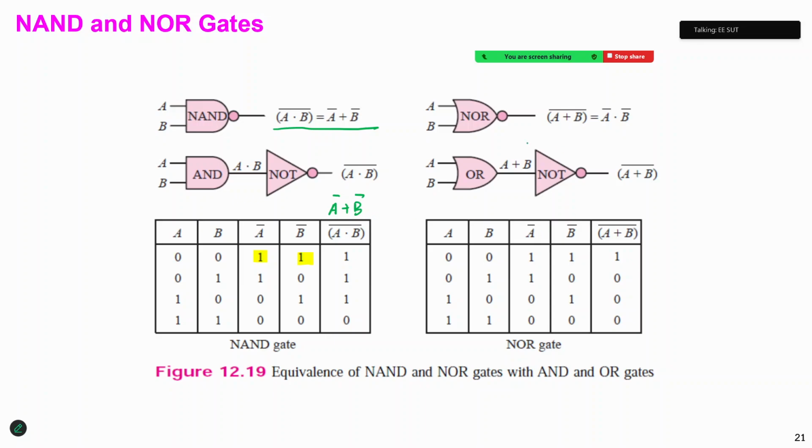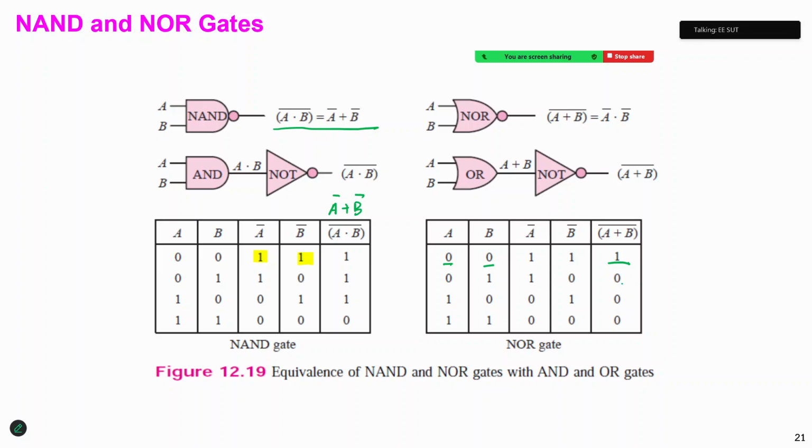And similar for the NOR gate, right? NOR gate in this case. A or B, we get 0, but then we invert it, right? A or B, we get 0. The inverse will be 1, like this. Okay. 0 or 1, we get 1.